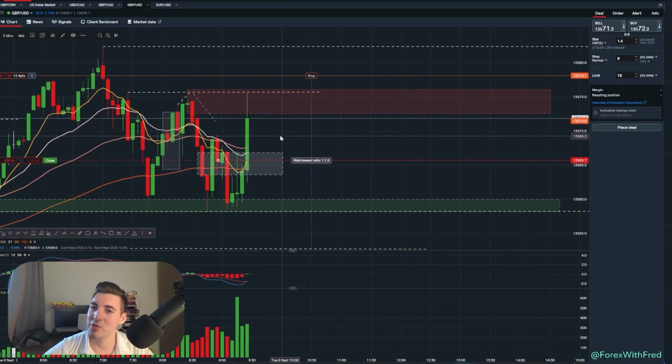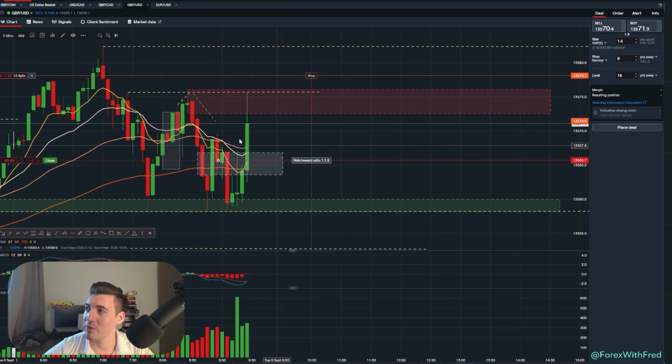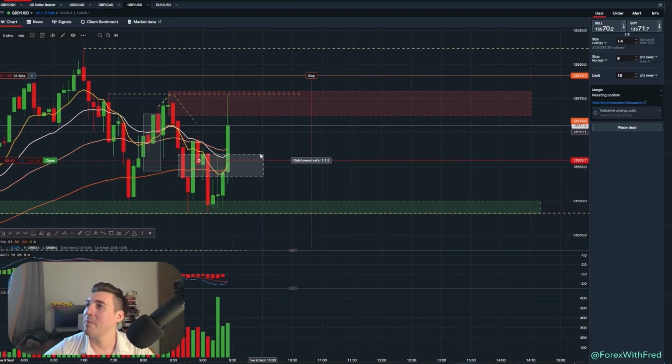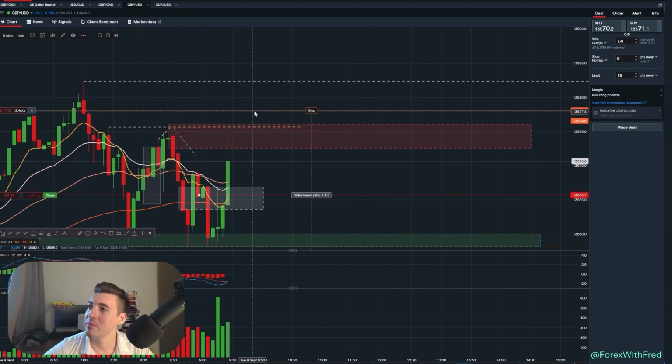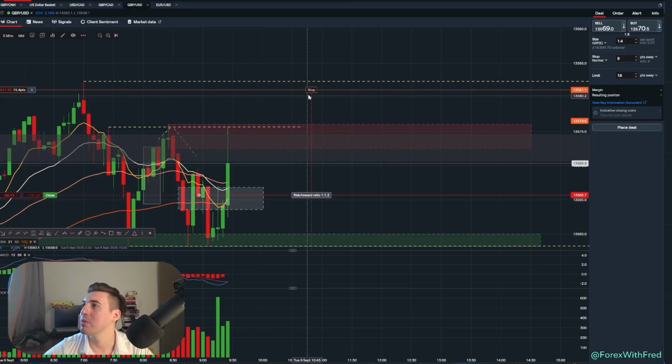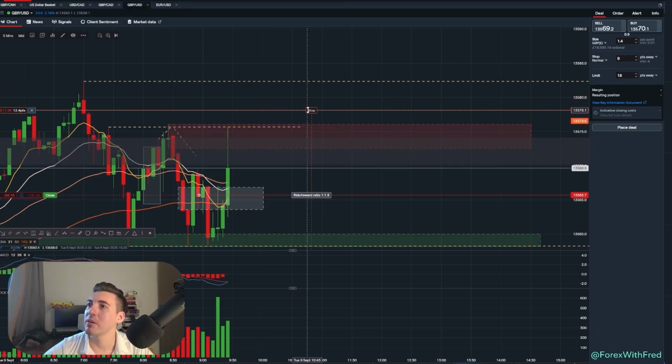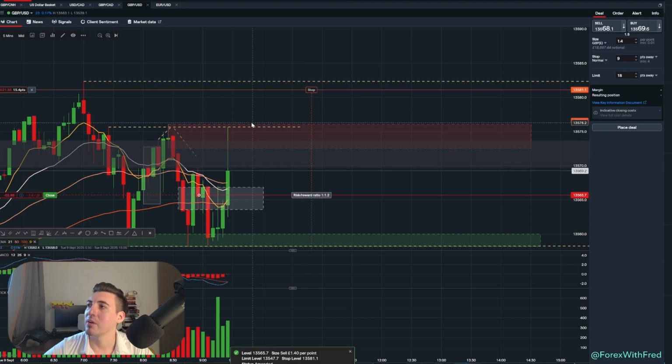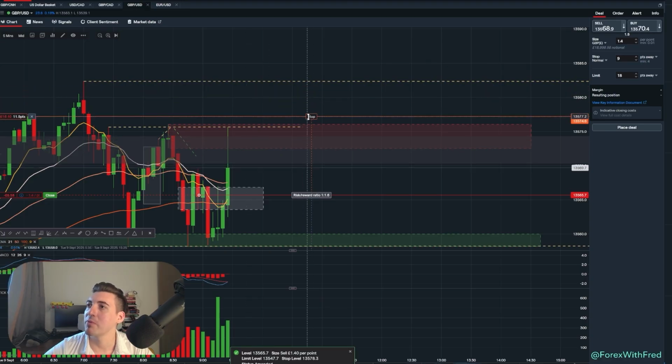What's also quite frustrating is the original setup that I had was to go long, to enter, I don't know where that line has gone, and target up here. So very frustrating. Oh, did I just move my stop again? Oh Lord. Why is my stop not moving?